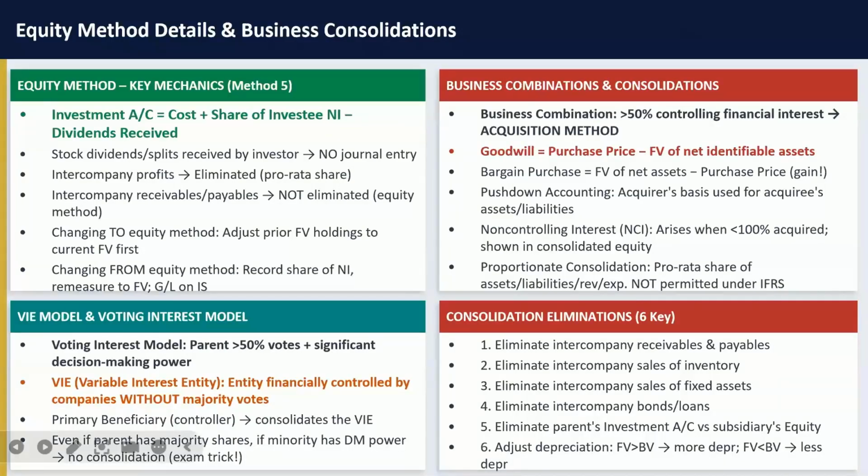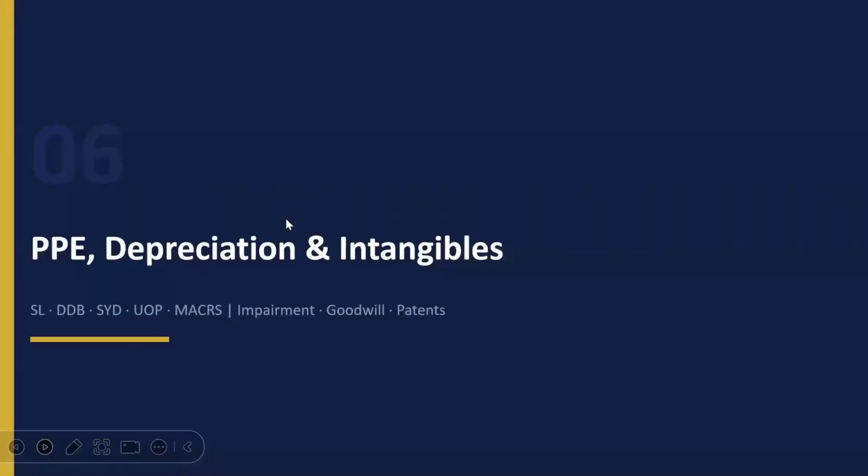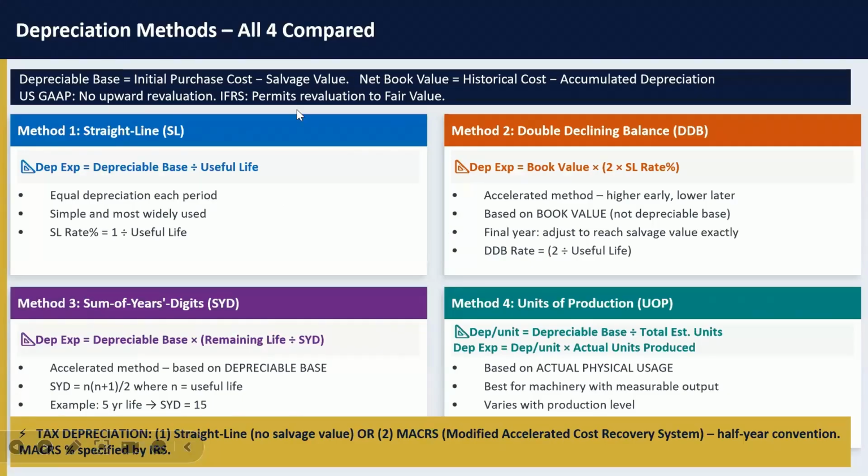Okay. So we'll move on to the next topic, which is PPE, property, plant and equipment, the depreciation and intangibles. Yes, this concept is important now. Depreciation methods. Here there are 4 methods of depreciation available under US GAAP.